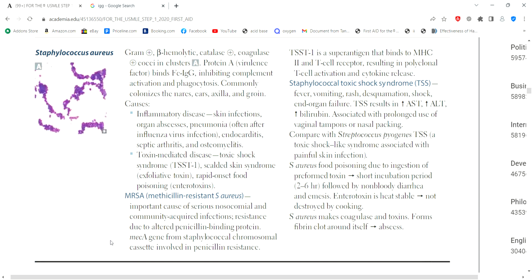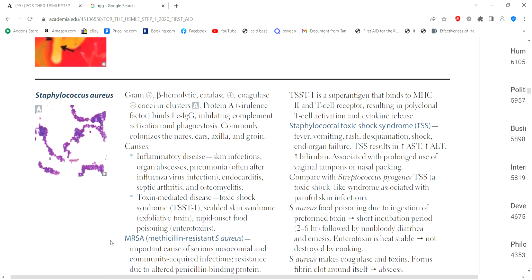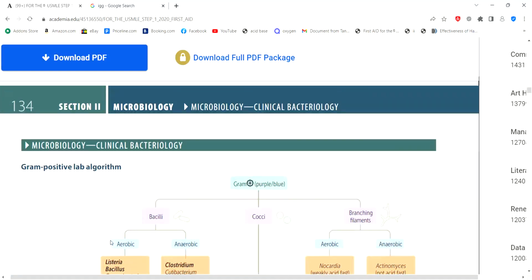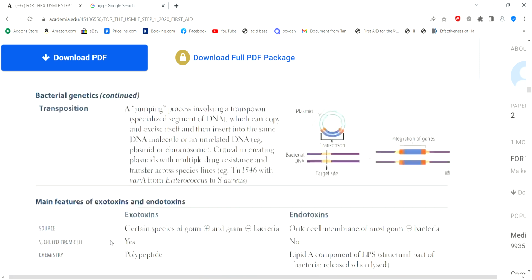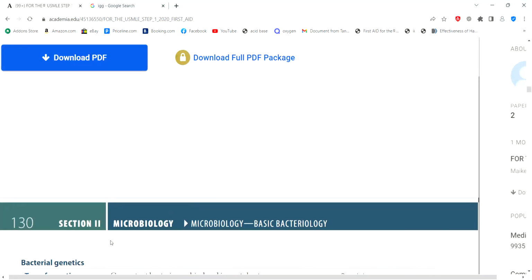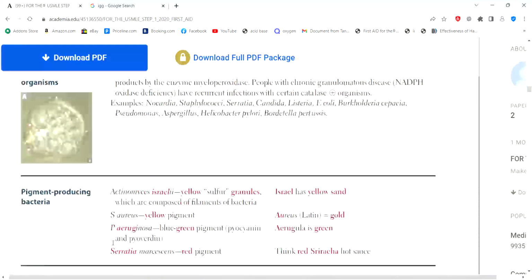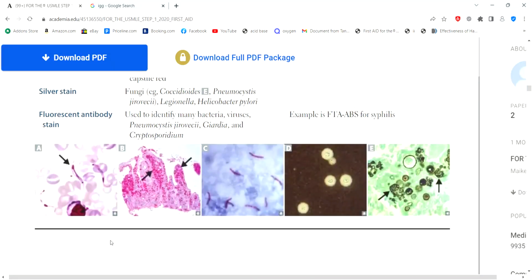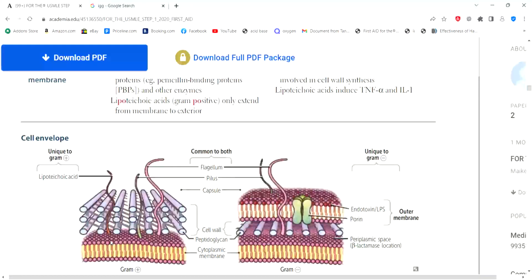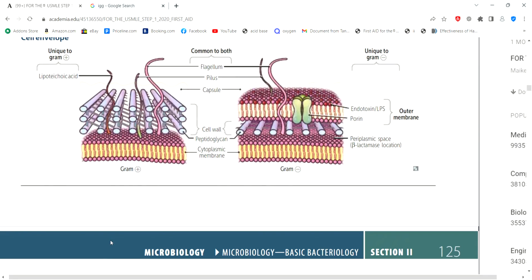Now, do you know where in the cell you find penicillin binding protein? Let me show you, in case they want to ask.